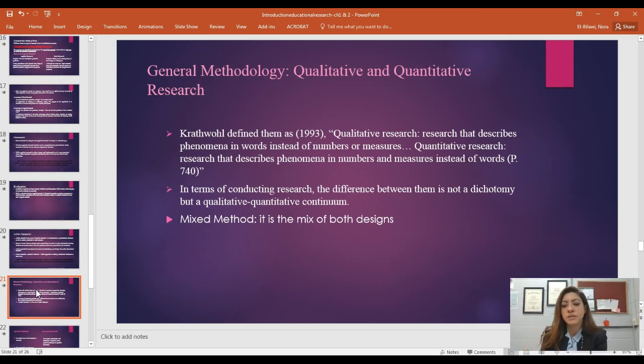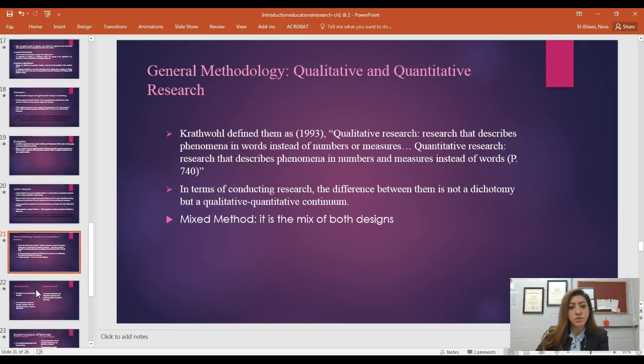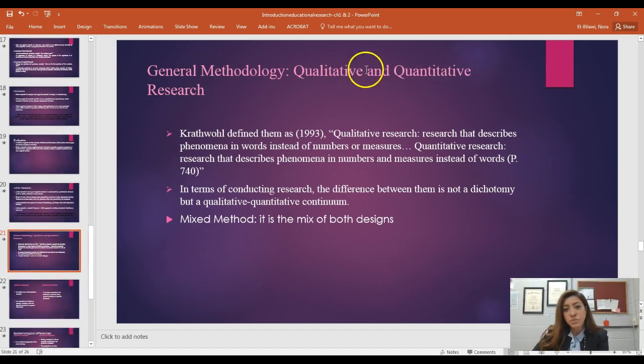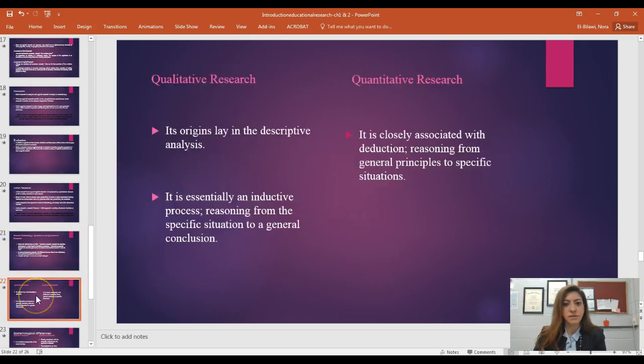You're experimenting with a specific topic with statistics, but there is a narrative that you need to add and discuss, which is adding that qualitative piece, which makes it a mixed method. So in nature, these two are completely different, and it's up to you to put them in a mixed method.